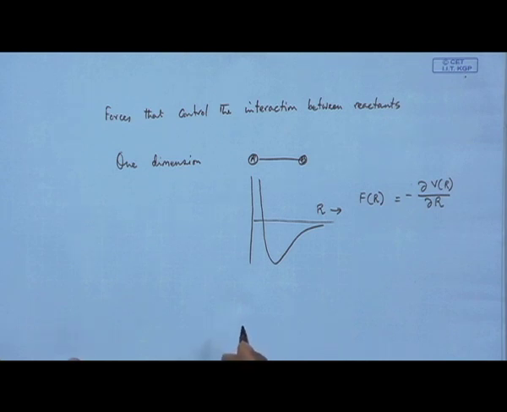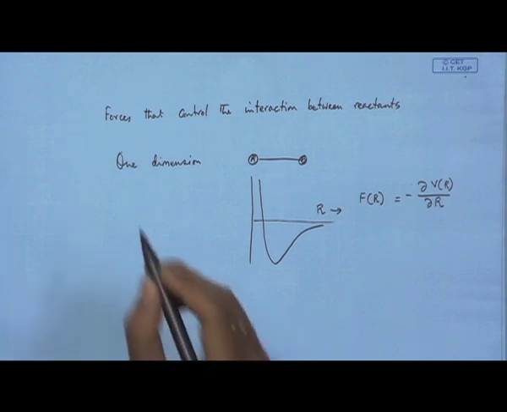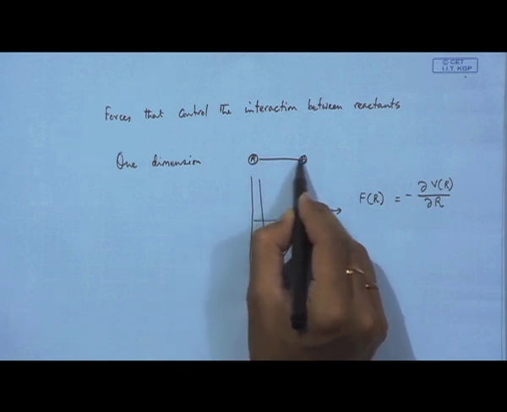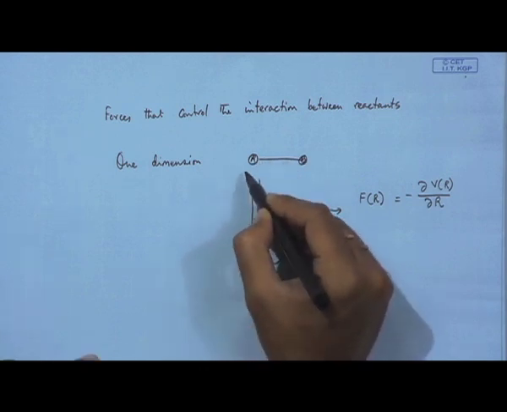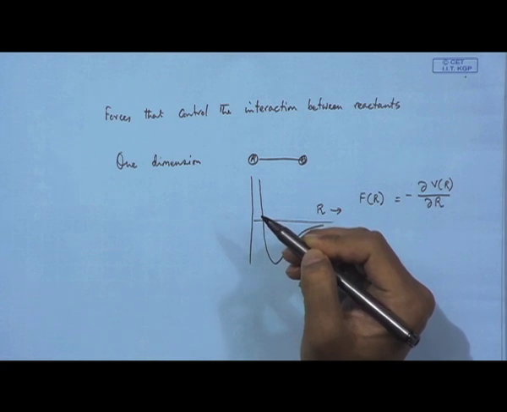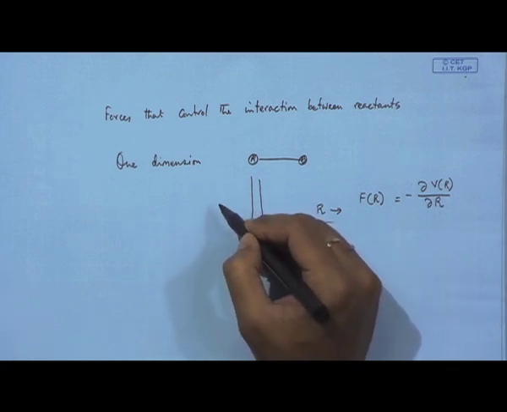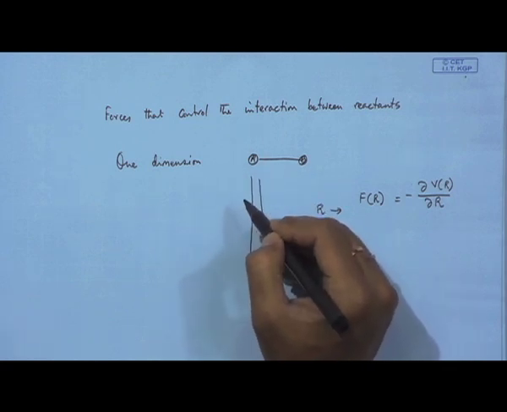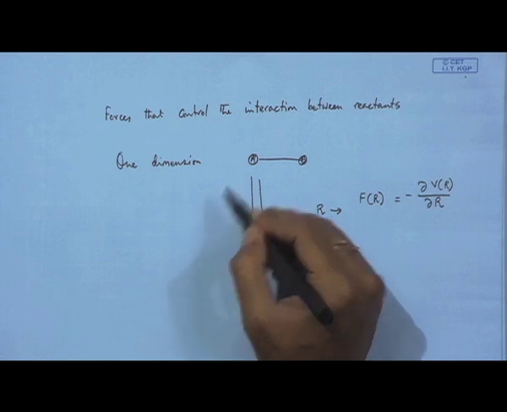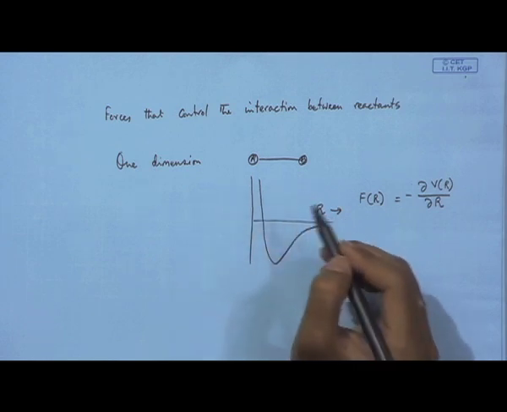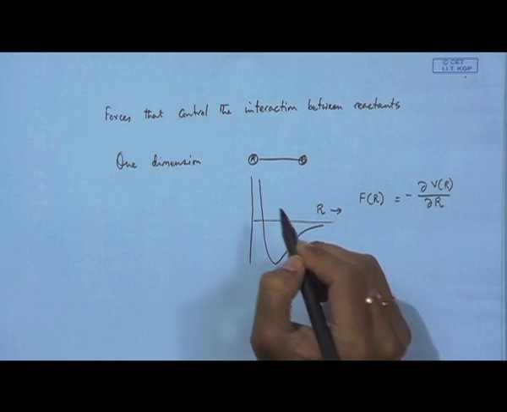In that case, a multidimensional description is required. Only this coordinate is not sufficient; another coordinate has to be introduced in order to account for the approach of another reactant from all possible directions.